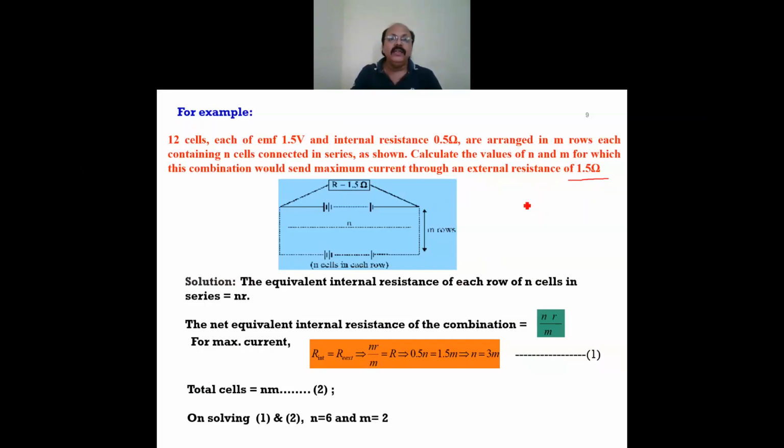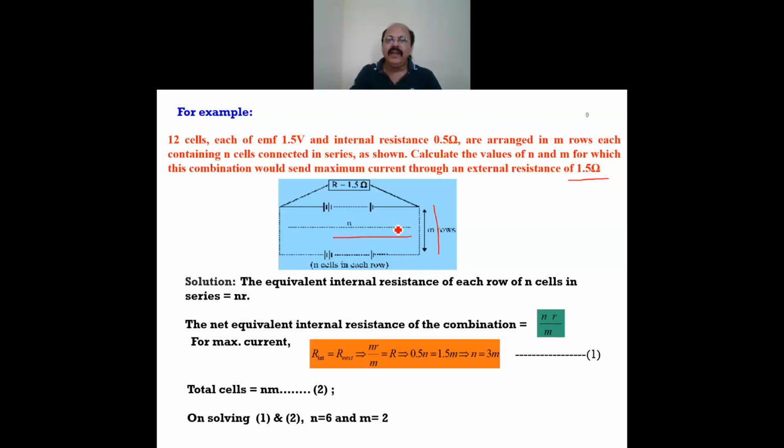So further you see 12 cells of EMF 1.5 volt and internal resistance 0.5 ohm are connected in m rows, each containing n cells connected in series. You see the diagram.